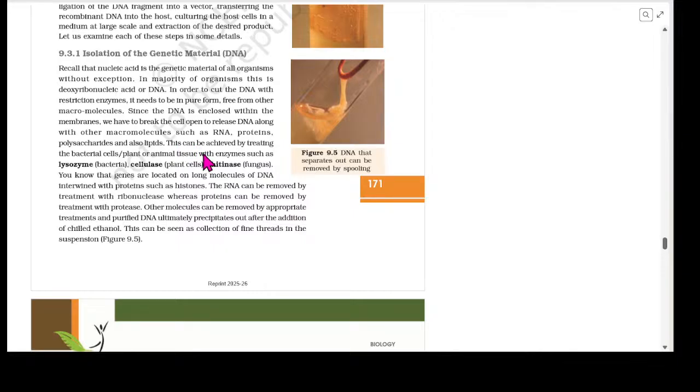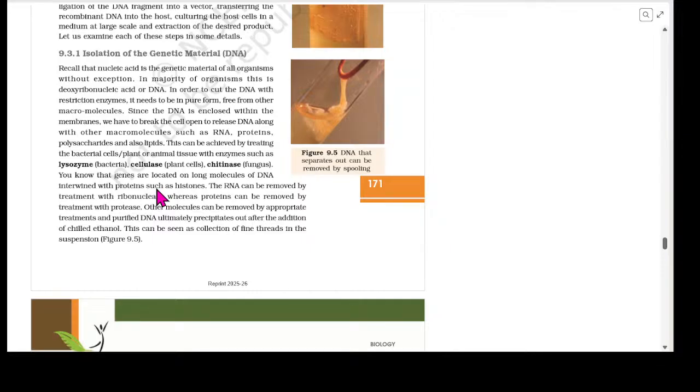This can be achieved by treating the bacterial cells, plants, or animal tissue with enzymes such as lysozyme in case we are extracting from bacteria, cellulase in case we are extracting from plant cells, and chitinase if we are extracting from fungus. You know that genes are located on long molecules of DNA intertwined with proteins such as histones.